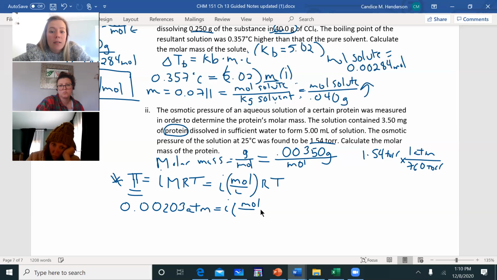Do I know my liters? I actually do know my liters. Well, I know my milliliters, but I can convert that into liters. So 0.00500 liters. My R value is a constant, so that's always going to be 0.0.